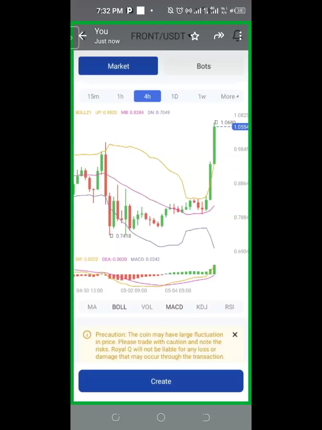Now, when you see that the 2 lines cross each other, there are 2 types of cross it does. The first cross is called the golden cross, and the second is what we call the dead cross.